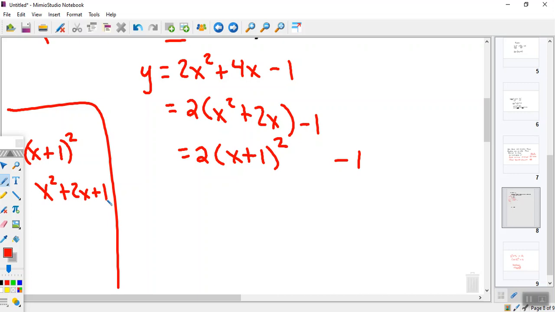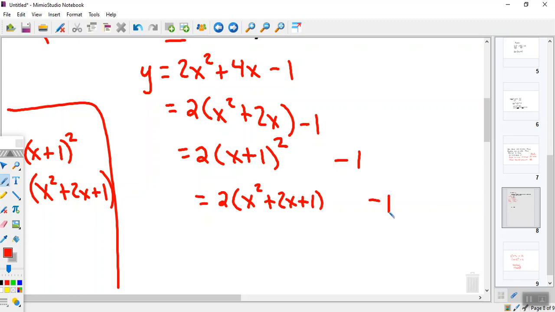Okay, but I see the x squared plus the 2x in the original problem. What got added in here? So this is like a plus 1 in here. So there's really going to be a plus 1 in here. So this is like equal to 2 times x squared plus 2x plus 1 minus that 1 out here.